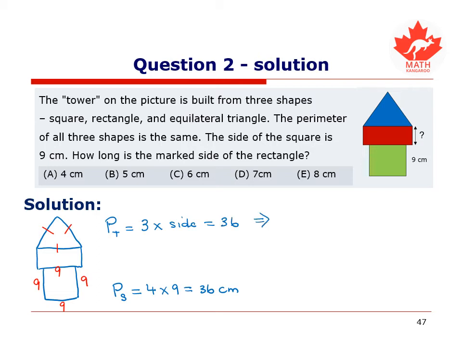That means the length of each side must be equal to 12 centimeters. So 12 plus 12 plus 12 equals 36. I'm going to add that information to our sketch. So the length, oops, not 6, 12. So the length of each side is 12.